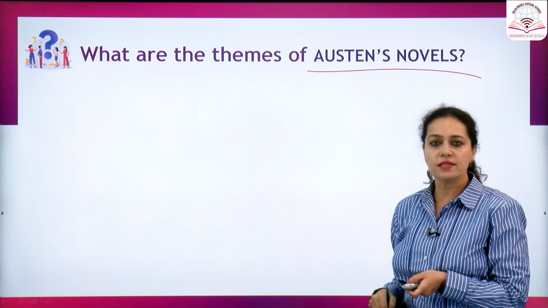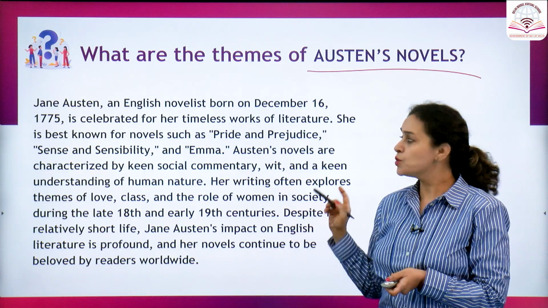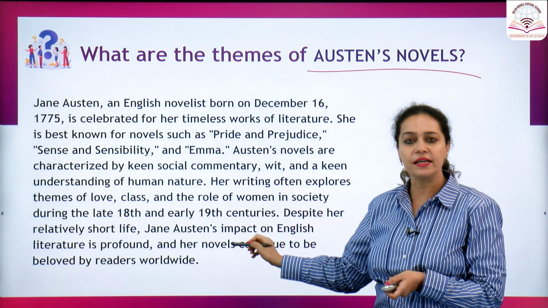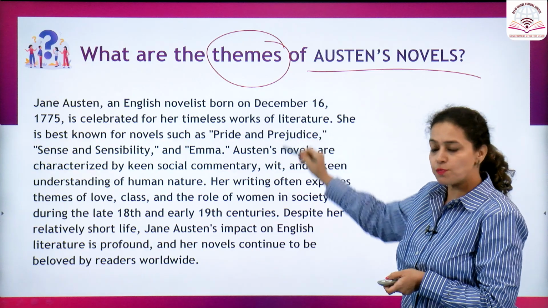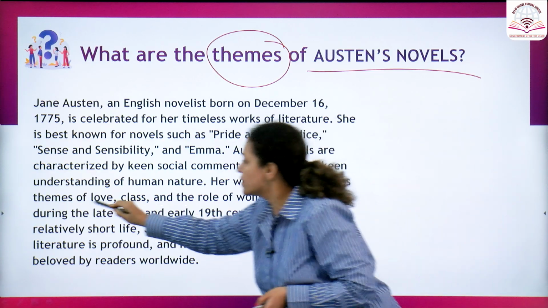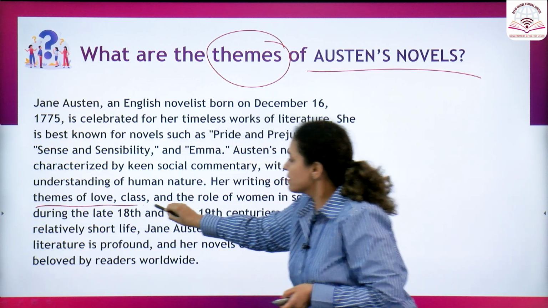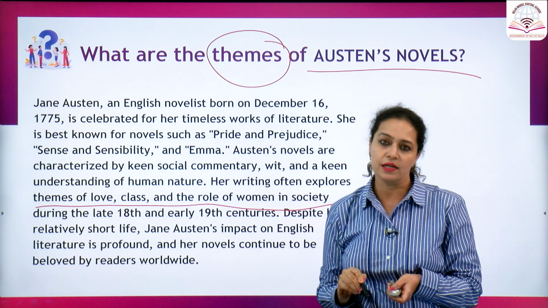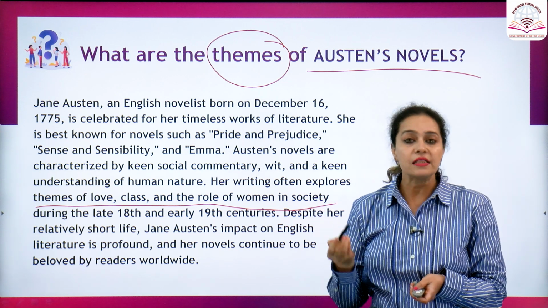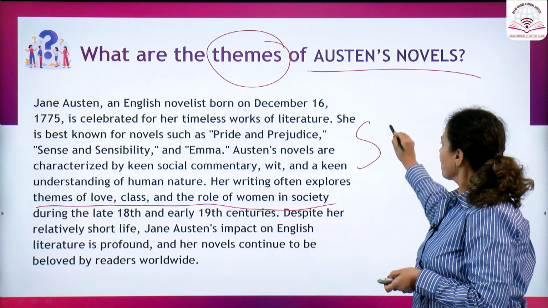And here is the text. So you need not read the entire text. We will just locate this word themes in this passage, and here is the word themes, and the answer is themes of love, class and the role of women in society. So simple it is. This is called scanning.